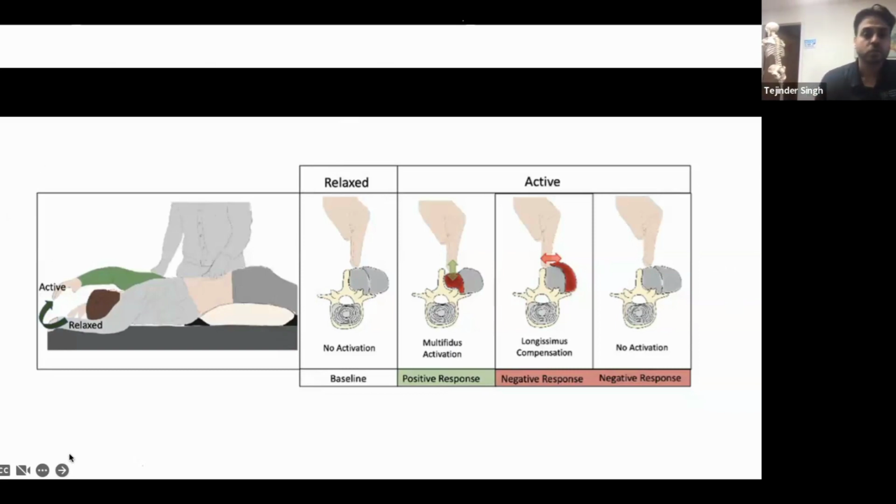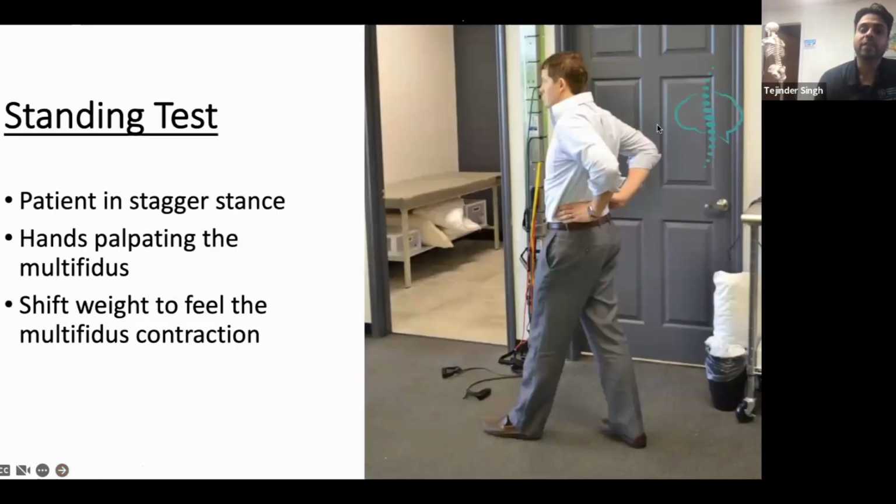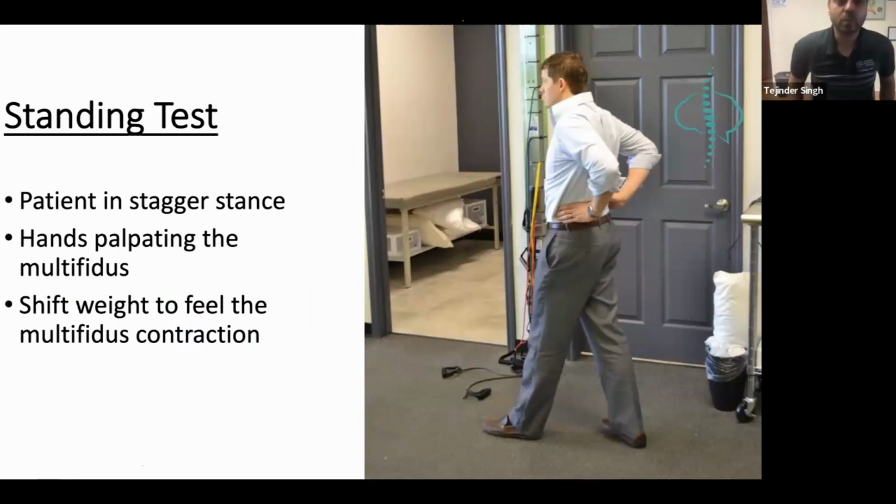Okay, so another test is the standing test. I'm going to actually demonstrate this on myself. What you're trying to do is be close to the spinous process. You can see me, and you're standing in a staggered stance and shifting weight. You can do it on your patient too.